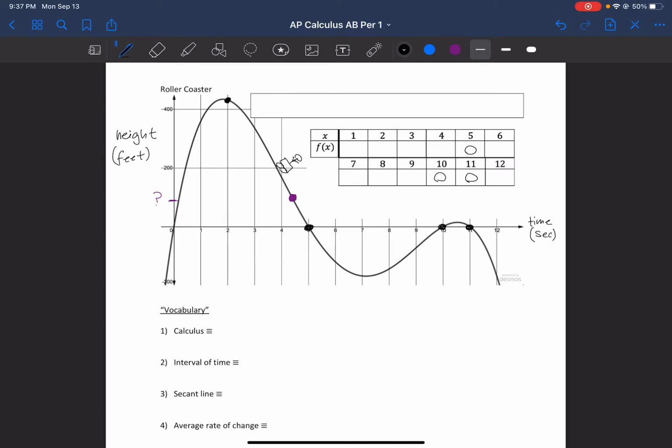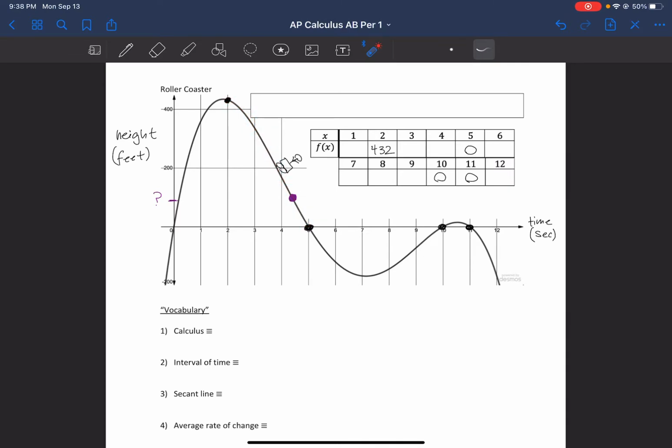Because I'm the designer, I know that the elevation at 2 seconds is 432 feet. The currently best way of finding how fast this cart is traveling, in order for me to know exactly when to take a picture here, is to find a slope of how fast this cart is moving.